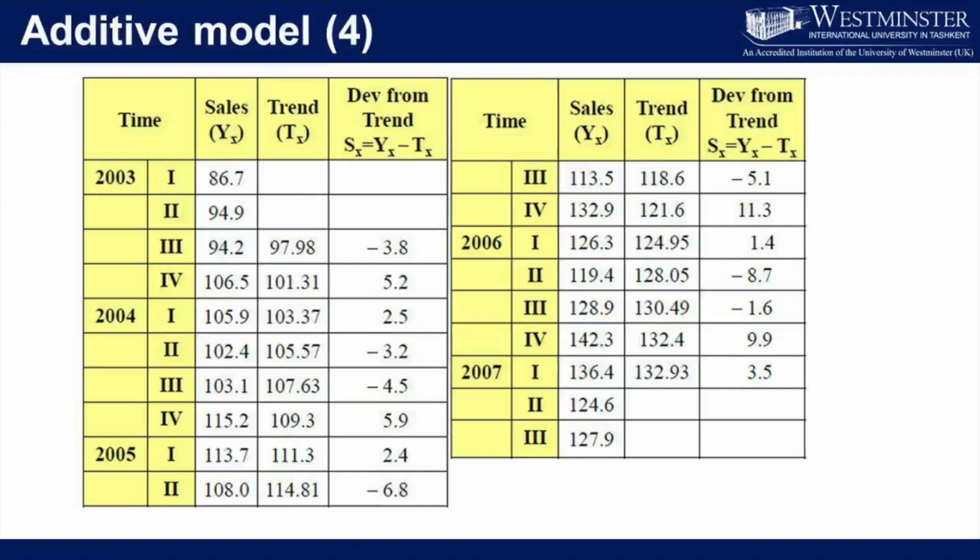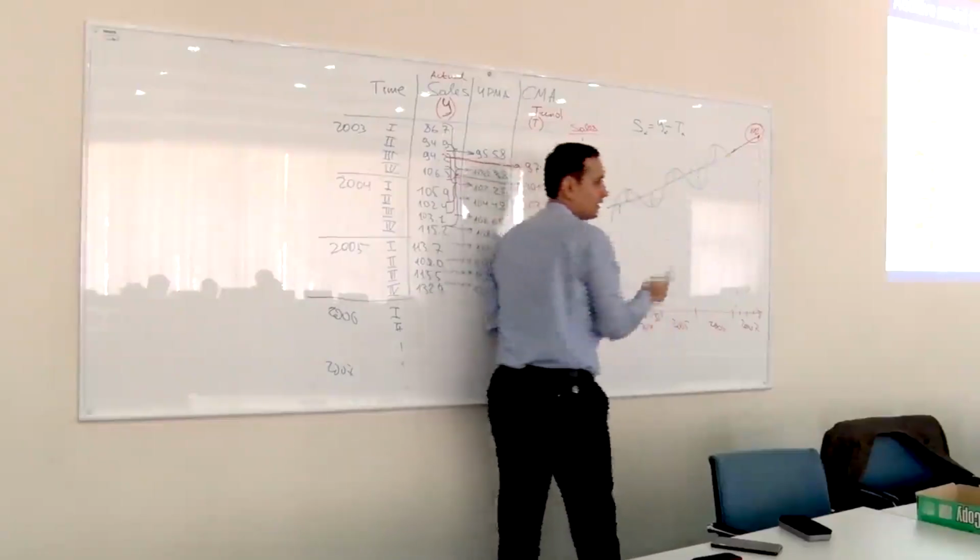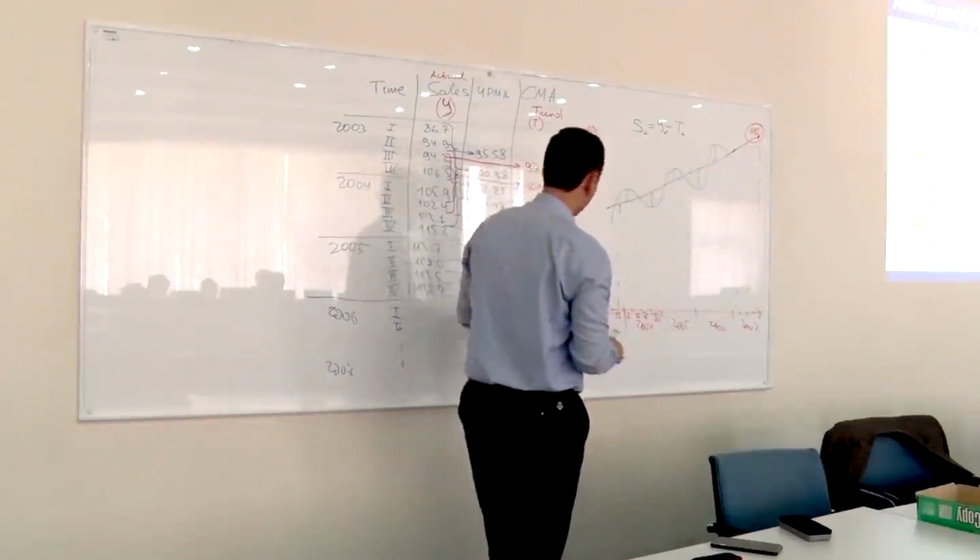To do that in the additive model, we basically subtract. So deviations from mean is equal to y minus t at x time. Let's say this is our actual data. What we're doing is finding these distances.